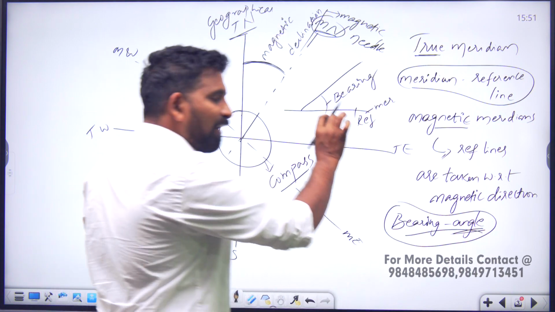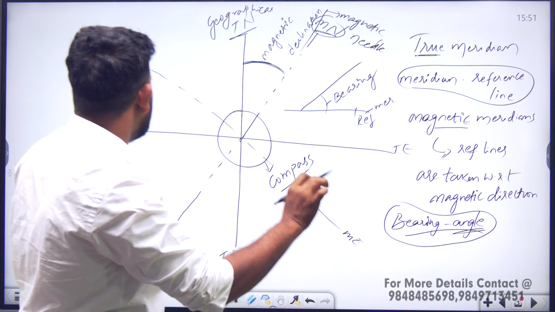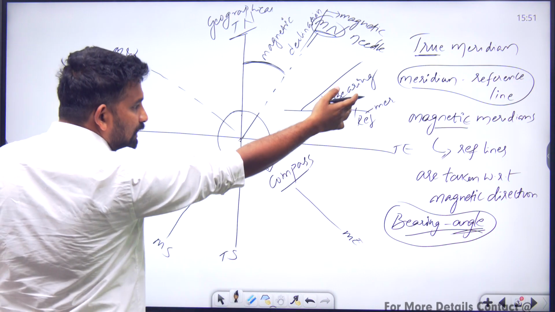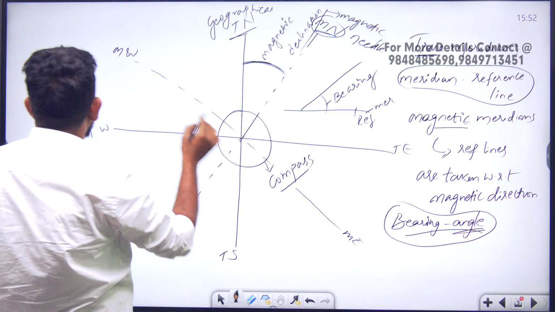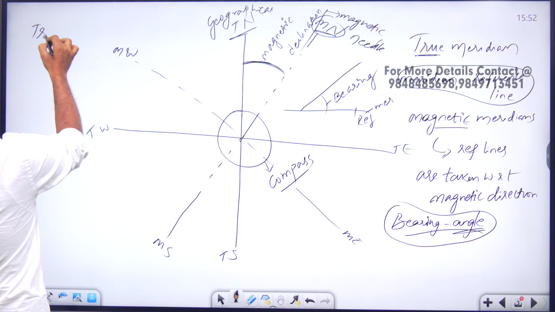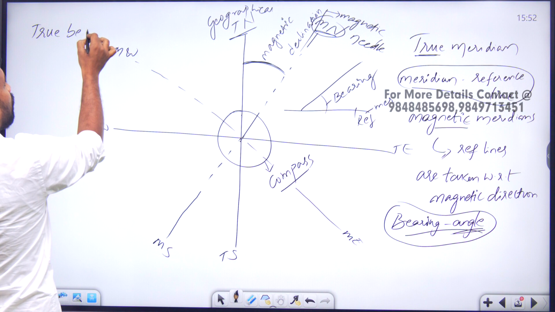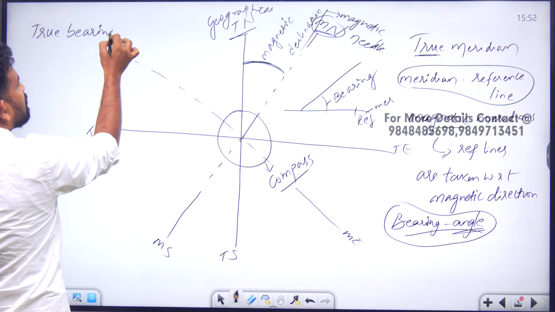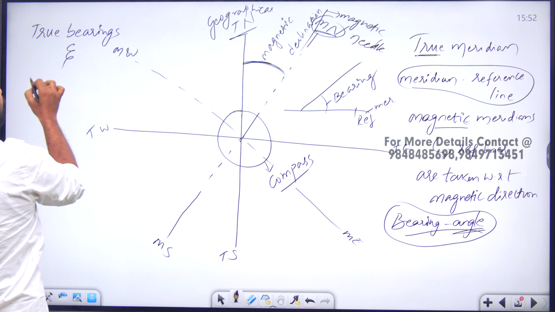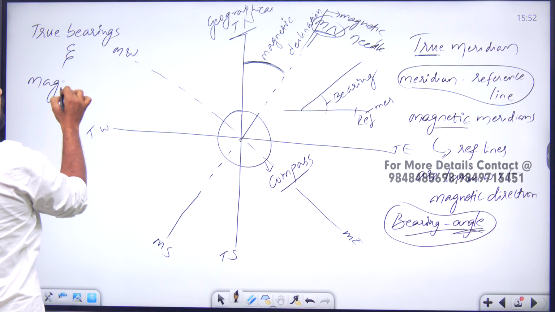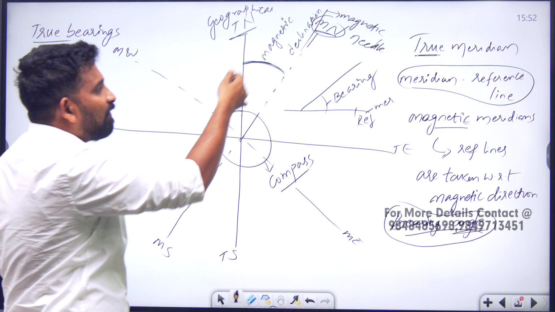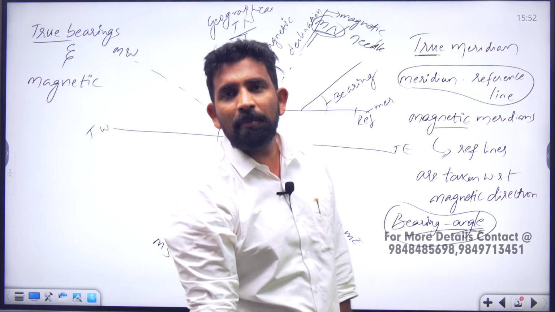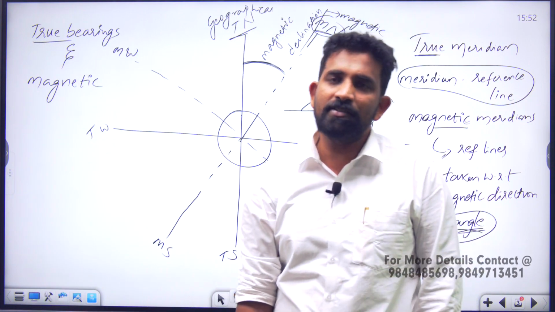The very important point to keep in mind: here we have seen a true meridian and a magnetic meridian. In the same manner, in bearings also we will be observing true bearings and magnetic bearings. True bearings have to be taken with respect to true meridians, and magnetic bearings have to be taken with respect to magnetic meridians.